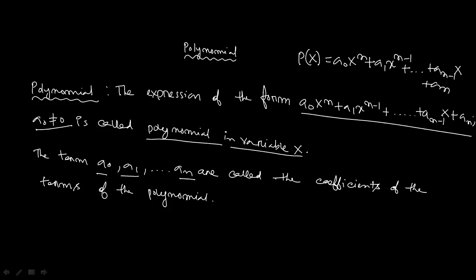Now see, a0, a1, a2, a3 up to an, and in the same way x to the power n, then x to the power n minus 1. The power of the variable is decreasing. Suppose the first power is 5, the next power will be 4, and the coefficient index is increasing, a0, a1. Now see the highest power: if the value of n is 4, then the degree of the polynomial will be 4.